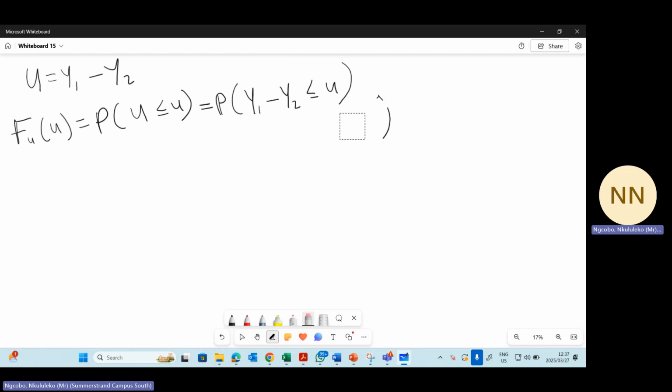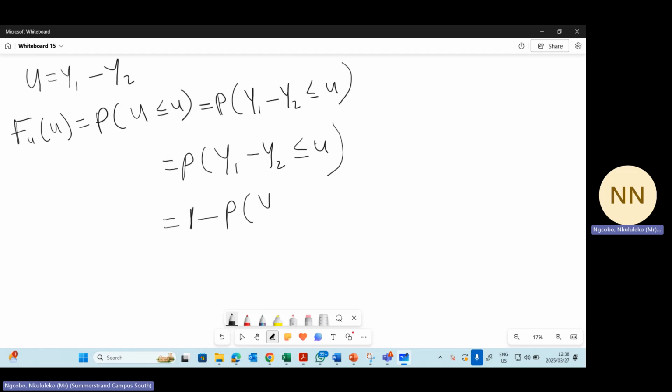You want me to find the probability of y1 minus y2 less than or equals to u, right? But I know that this can be the same as saying 1 minus the probability of y1 minus y2 greater or equals to u.